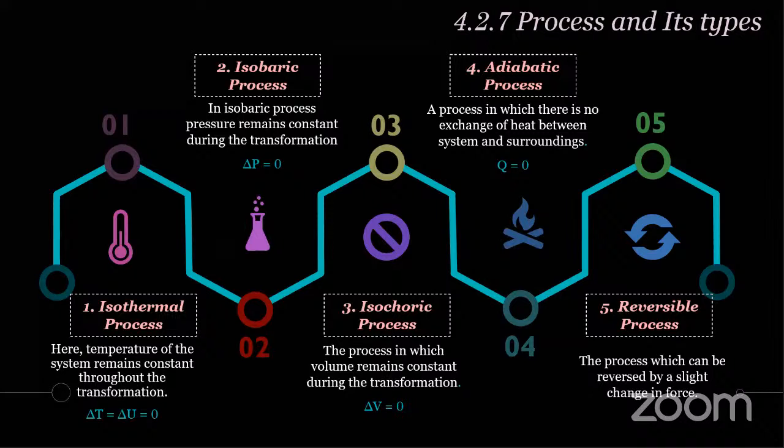For isothermal, I've written delta T is 0. Delta means change, so there is going to be no change in temperature. That means temperature is going to remain constant. In isobaric, the pressure is going to remain constant. There is no change in pressure. In isochoric, volume is going to remain constant.